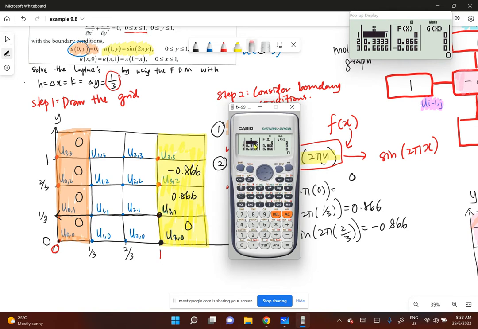When y is 0, u is also 0. When y is 1 over 3, the value of u is 0.866. When y is 2 over 3, that means 0.6667, the value of u is negative 0.866.